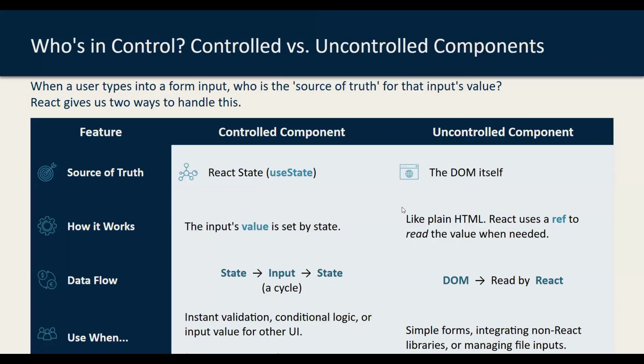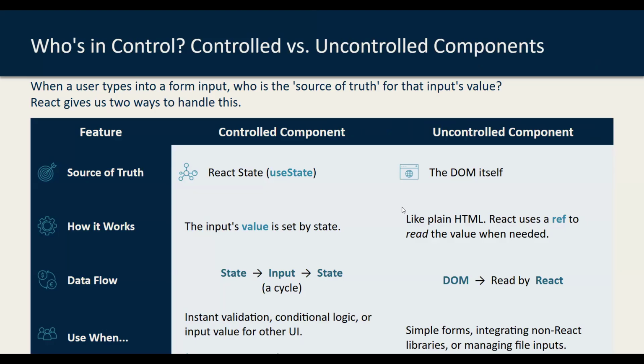So let's think about this for a second. When a user types into a form, where does the value actually live? In React, we usually describe that as the source of truth.